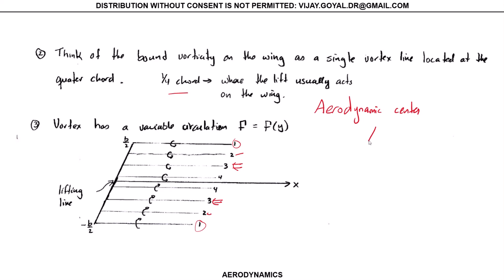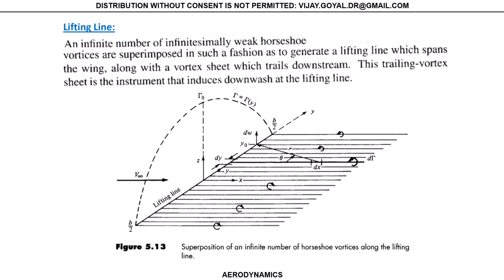And the aerodynamic center for a thin airfoil is at c/4. Okay. So the infinite number of lines I just mentioned, what we call these horseshoes, will give you something that looks like this. That's what you end up with.